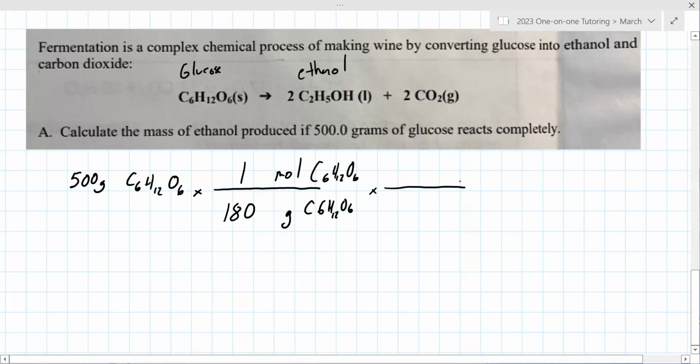So now we have the moles of glucose, and we want to figure out the mass of ethanol, but you can't do that directly. You have to go to moles of ethanol. So that's where you do your mole conversion up here at the top. So moles C6H12O6 from the top left, moles C2H5OH, and this is where you write the coefficients from the equation.